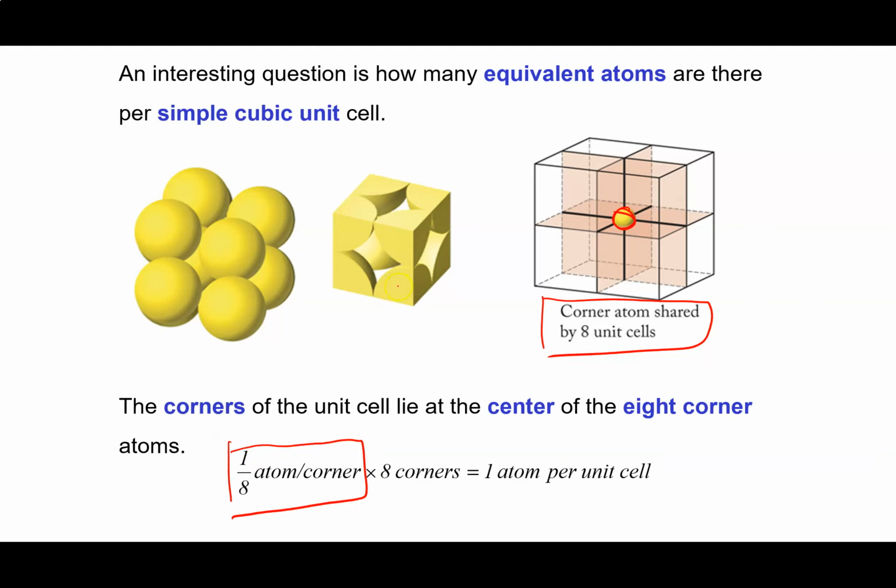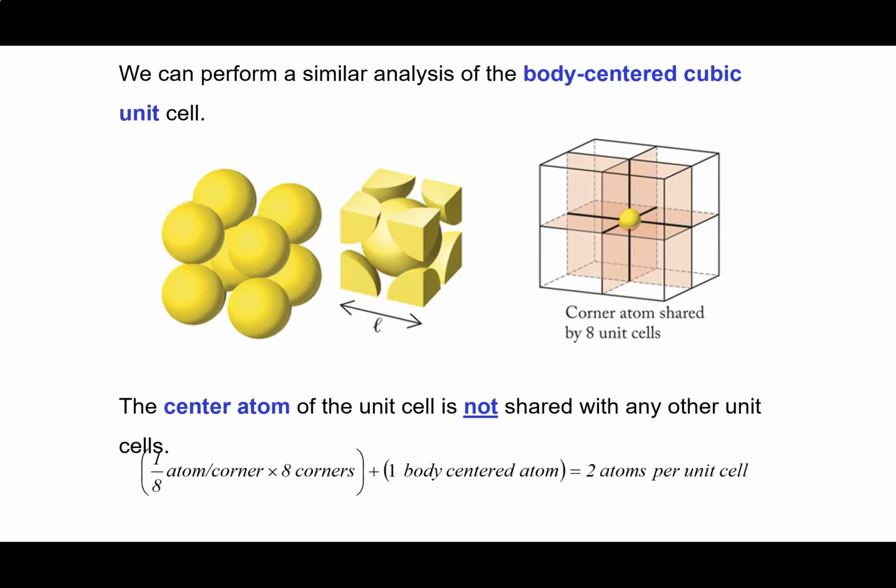And in a single unit cell, there is 1, 2, 3, 4, 5, 6, 7, and you can't see number 8, 8 corners. So an atom that is placed at the corner of a unit cell contributes 1/8 of an atom. There are 8 corners, so in total, in the simple cubic unit cell, we have 1 atom.